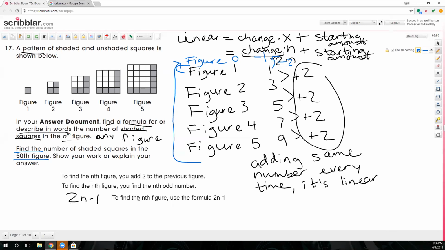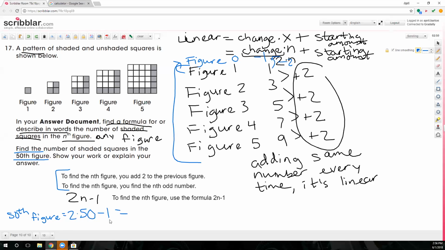Again, we had a couple ways to answer that first one. So we'll talk about the first 2 in a second. For the formula, that just means plug it in. 2 times 50 minus 1. Now I might label that you're finding the 50th figure. You could say equals or put a semicolon or a colon to say what comes next is the 50th figure.